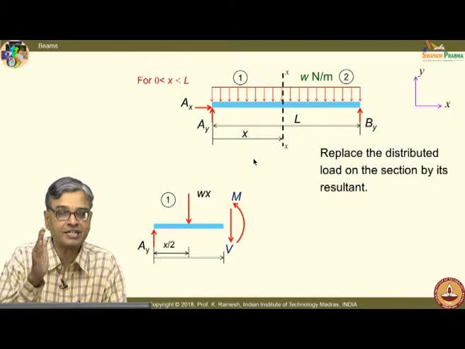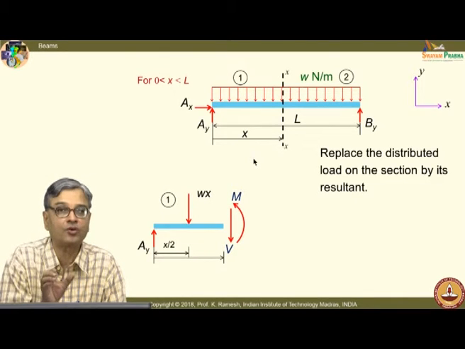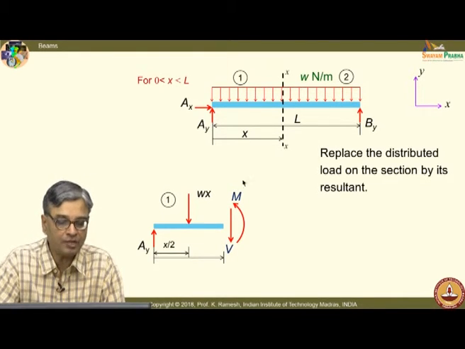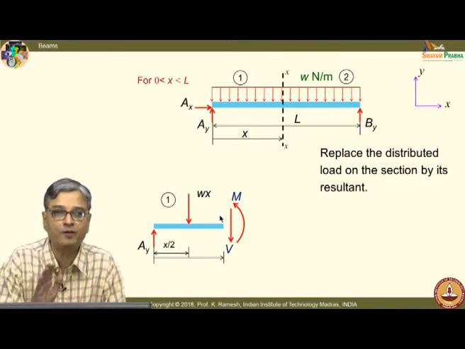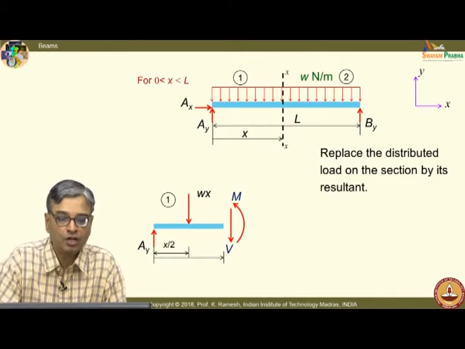I have cut the section at x with the distributed load, and once I have drawn the free body, within that free body I replace that distributed force by its resultant Wx. This is a subtle point which you will have to note and use properly.